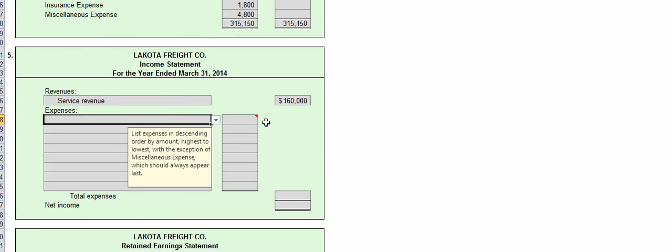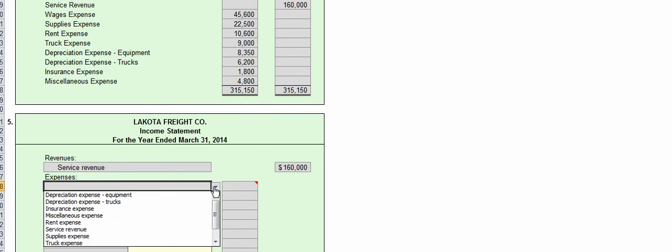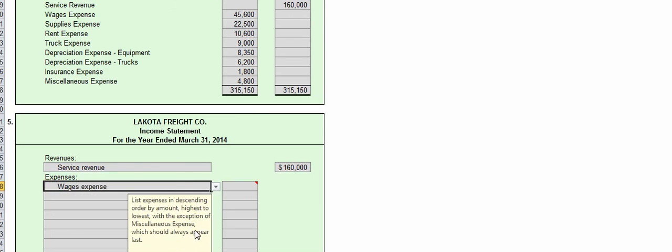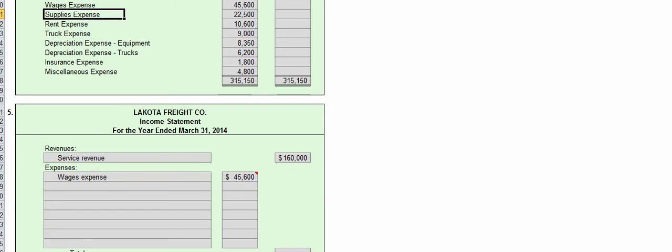Okay, so let's list the largest expense here. And it was wages expense, $45,600. The next largest one is supplies expense at $22,500.